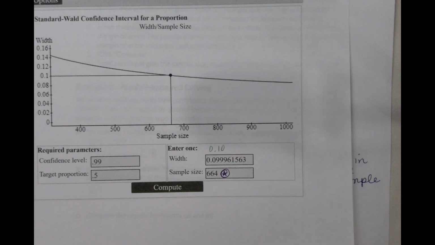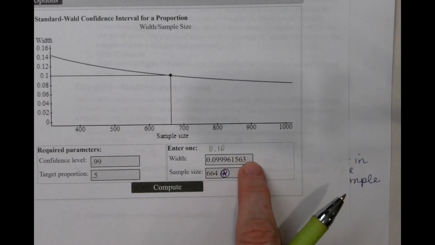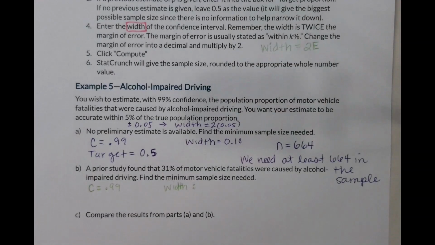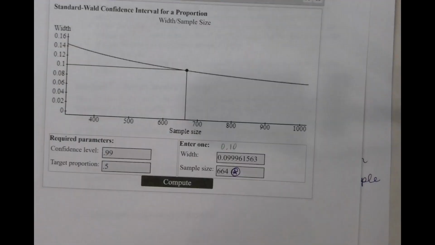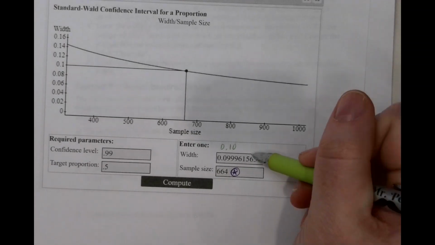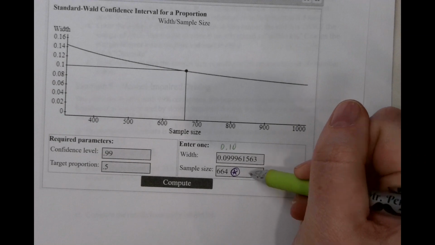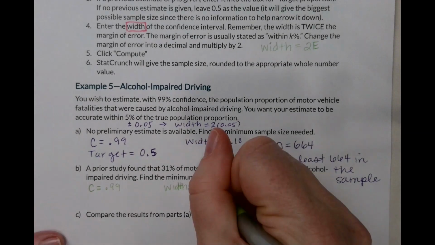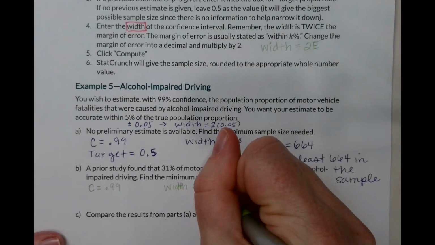If you leave it, it will actually give you the wrong number for part B. So we don't want to leave that as whatever, even though that would definitely round to 0.1. Right, 0.099961563, but even that bit of a difference will make that number incorrect if we don't change it back to exactly 0.10.